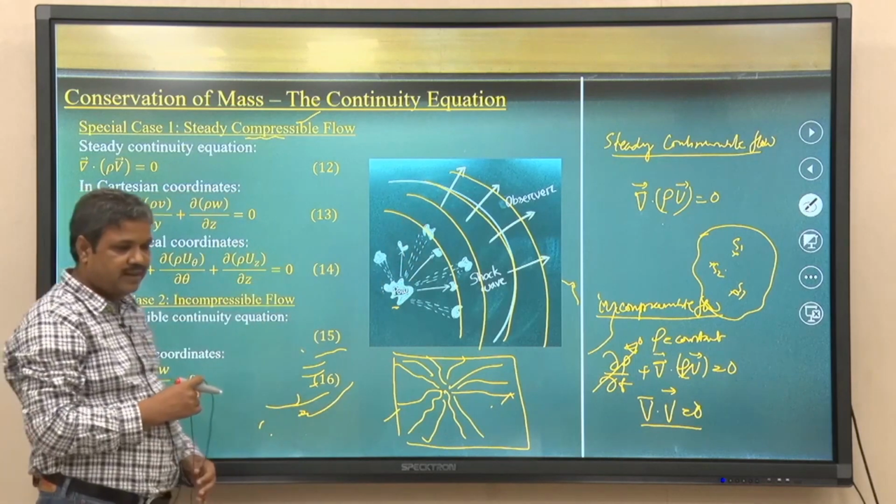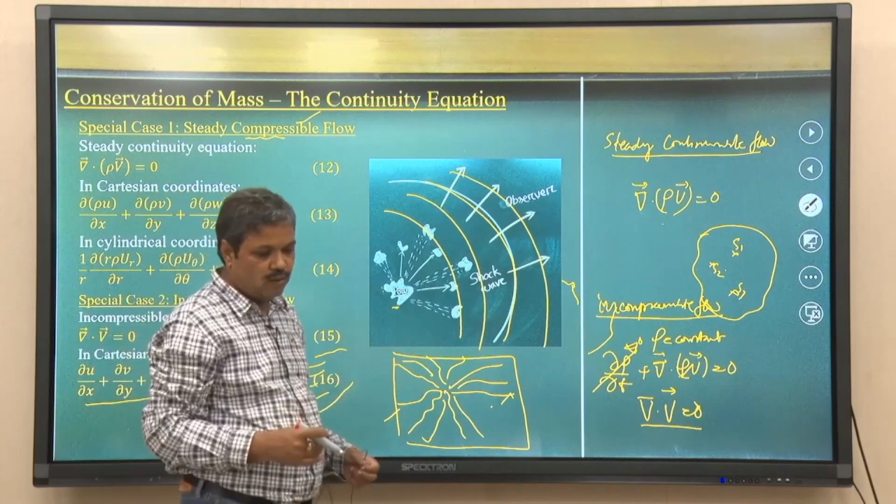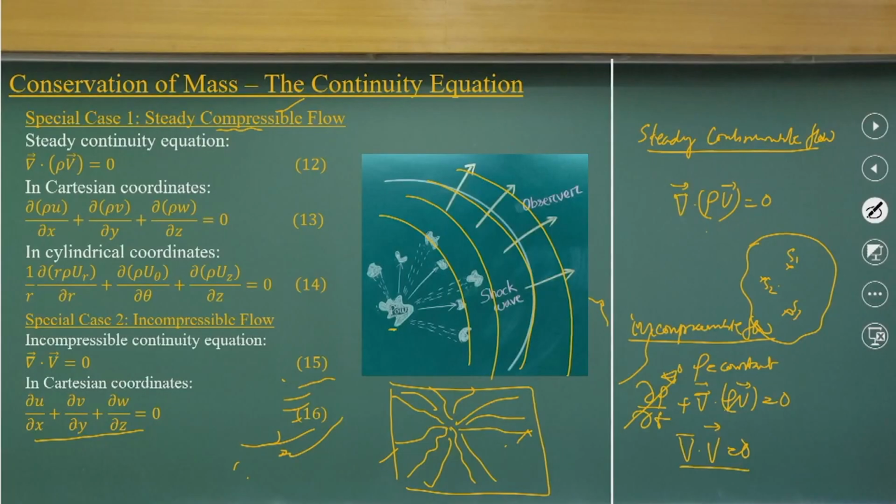You can interpret the difference between these two flow systems.